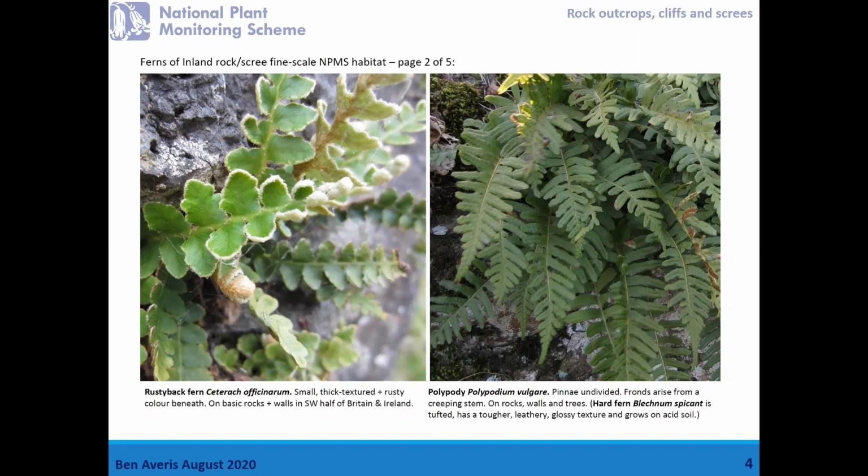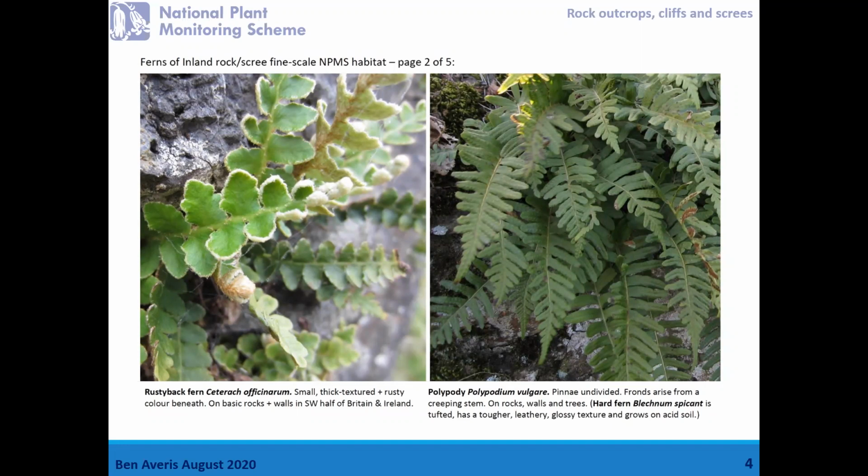So it really does look very different. And it's mainly in the southwest, especially on rocks and walls that are not so acid. It does go here and there further north and east, but it's possibly introduced in those places, not really sure.